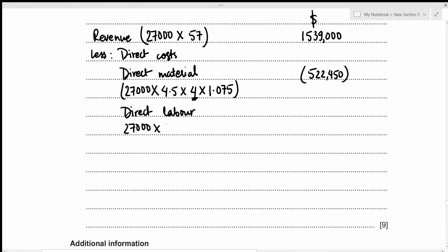Each unit requires 3.4 hours, and the rate per labor hour is 9.25. This gives the total direct labor to be 849,150. Now you can easily figure out the contribution.